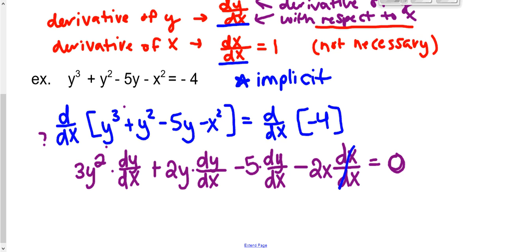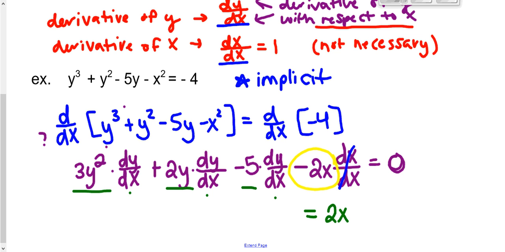The only one that doesn't have dy dx connected to it is right here, so we're going to add that to the other side. We're going to have equals 0 plus 2x, which is just 2x. And then on this side, we have 3y squared times dy dx, 2y times dy dx, and negative 5 times dy dx.